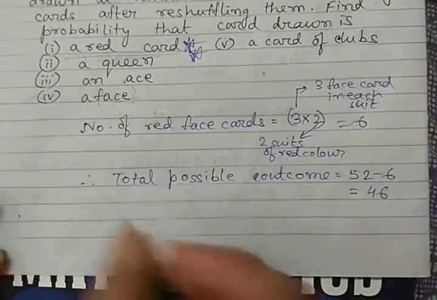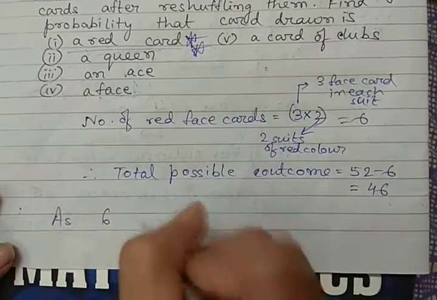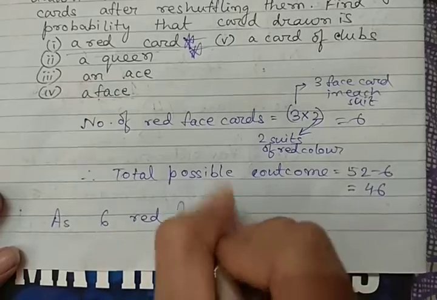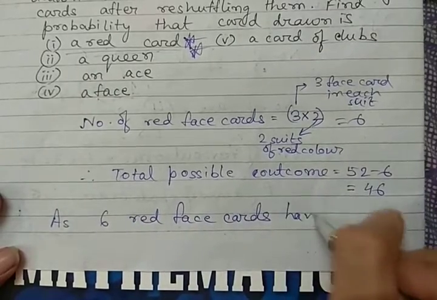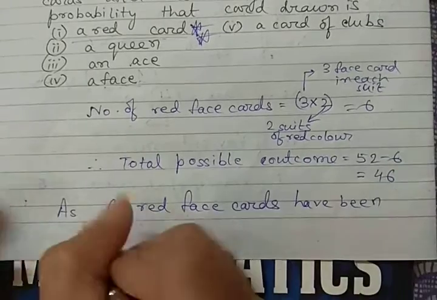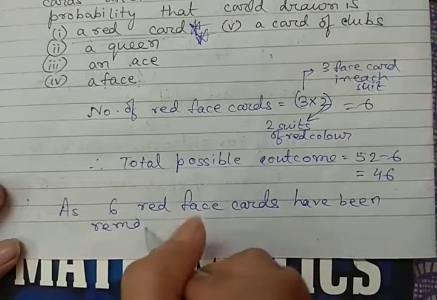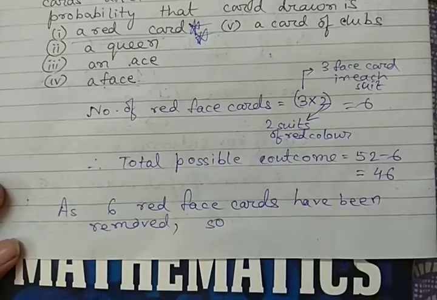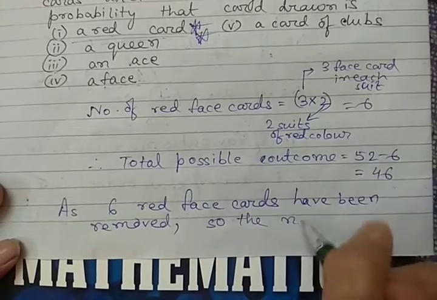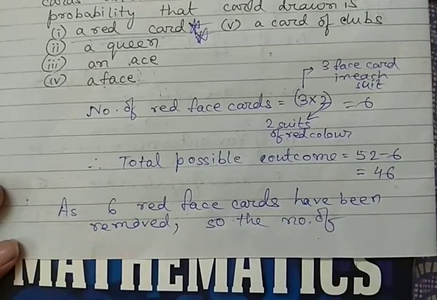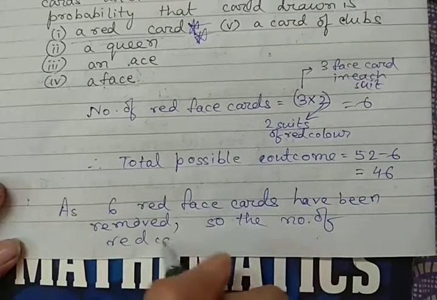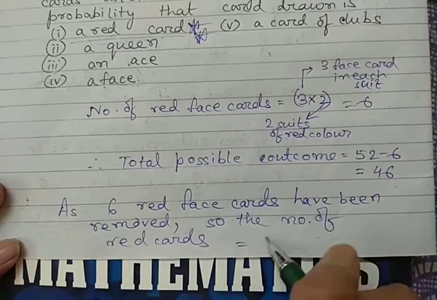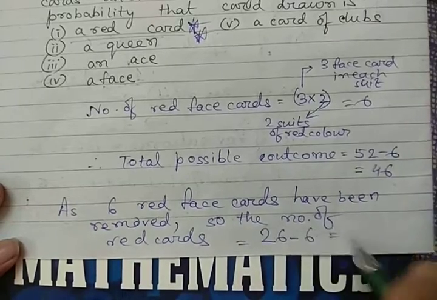So now as 6 red face cards have been removed, the number of red cards equals 26 minus 6 equals 20.